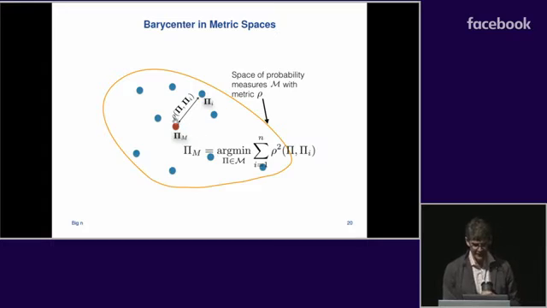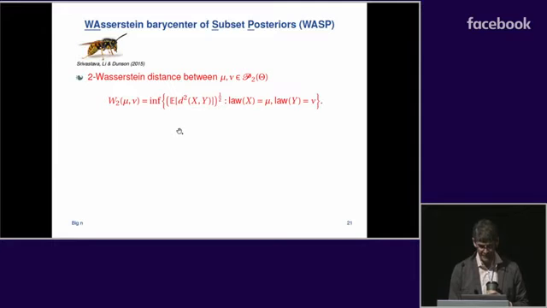If we can define some sort of distance between probability measures, and we'll use the Wasserstein distance, then we can solve this optimization problem to get a really nice approximation of the posterior. That's this WASP method, or Wasserstein barycenter of subset posteriors.